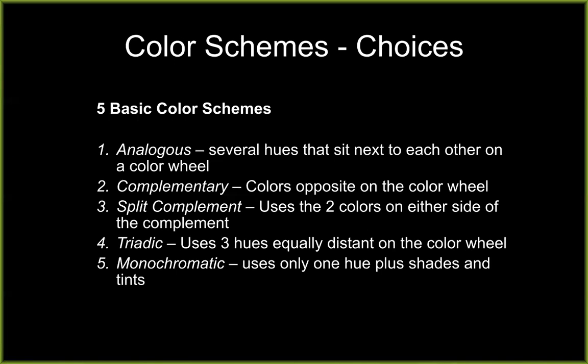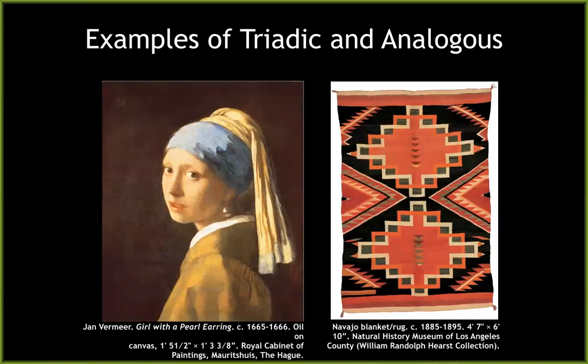Triadic uses 3 hues equally distanced on the color wheel. So red, blue, and yellow would be one triadic. And then monochromatic uses the one hue plus shades and tints. In the Vermeer painting on the left, that's a triadic. So there's red, blue, and yellow all used in this painting.